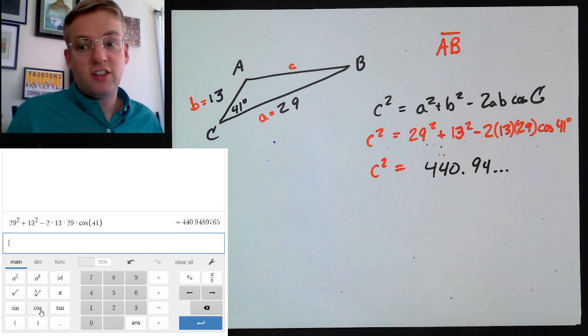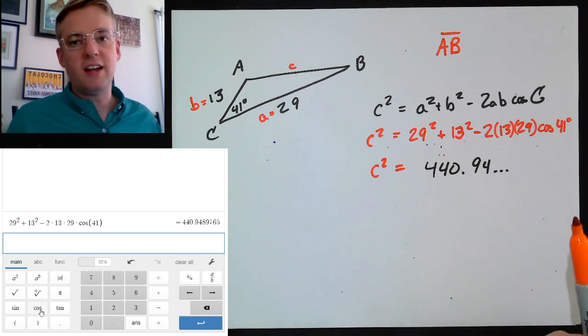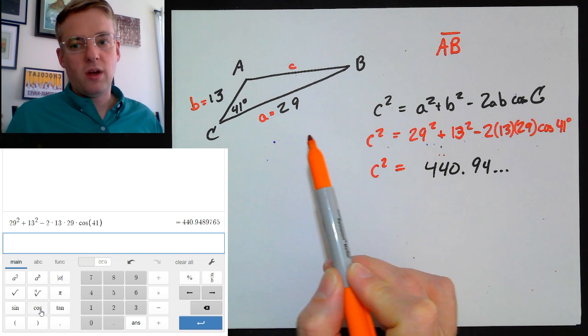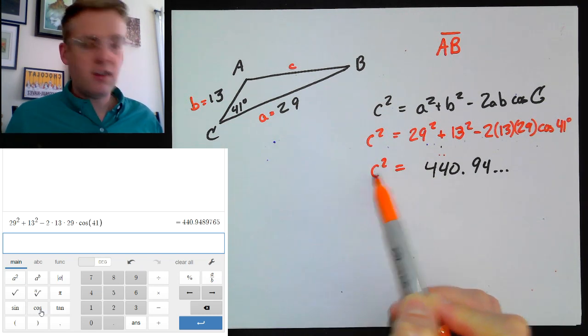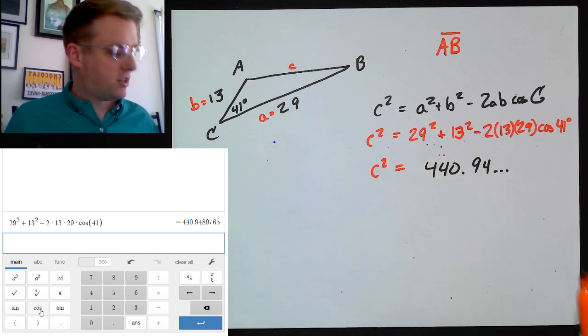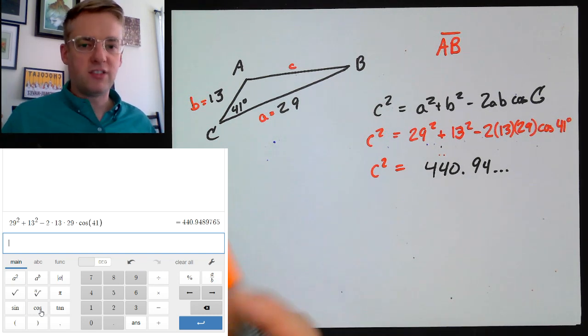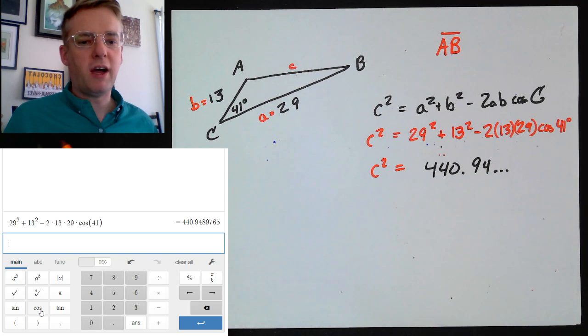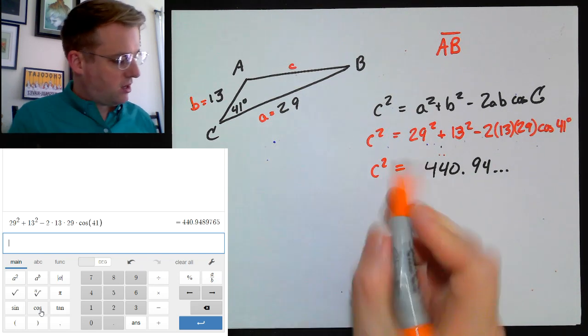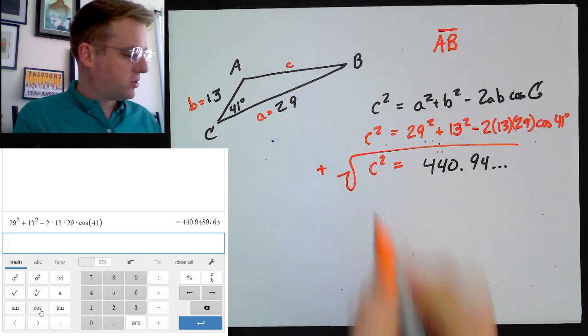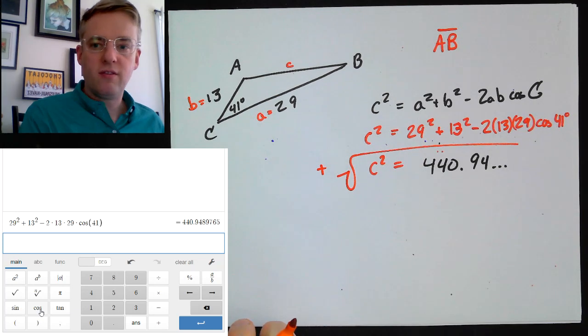That does not give us the missing side. 440 is a ridiculous length compared to 29 and 13. So we still have to take the square root to get c on its own. Square rooting a variable would technically give us a positive or a negative answer, but we know the side lengths are all going to be positive, so it's no sweat. Positive square root of c squared and 440.